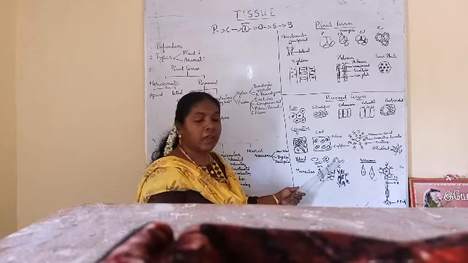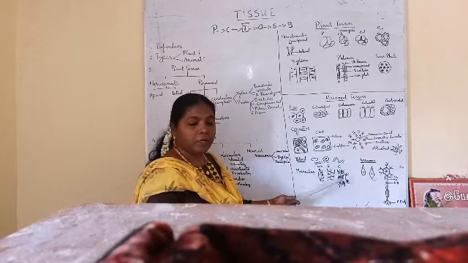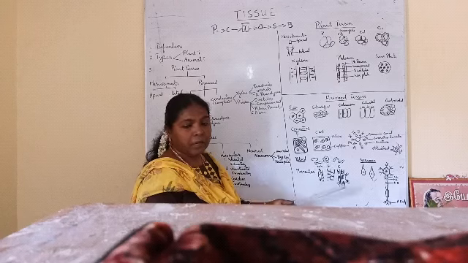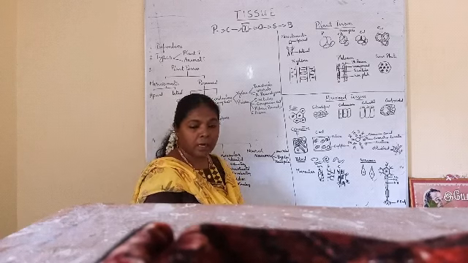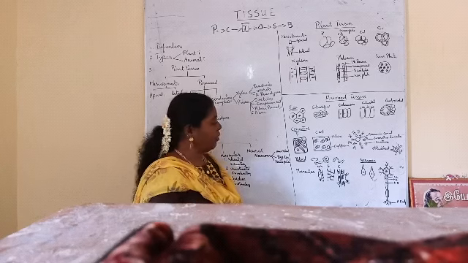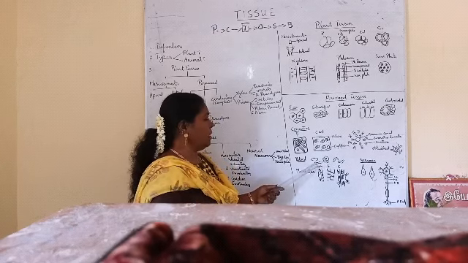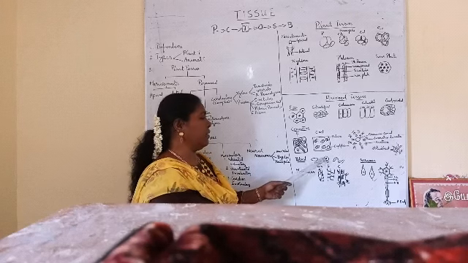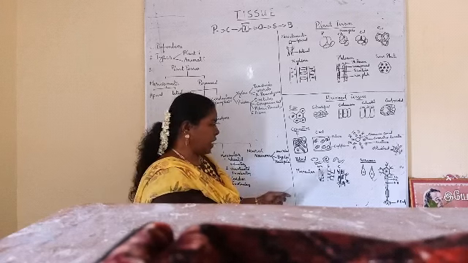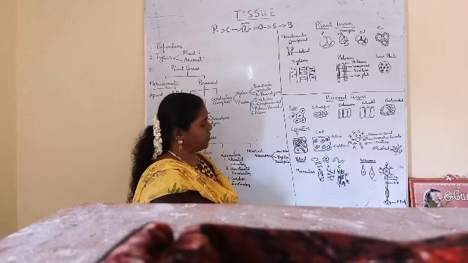If platelets are less in number, our blood will not clot, and all the blood from our body will come out through the cut opening. So all these will be there in blood tissue. Blood tissue contains plasma and blood corpuscles: RBC, WBC and platelets.